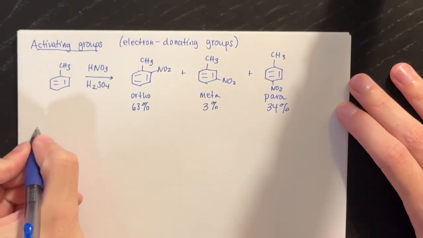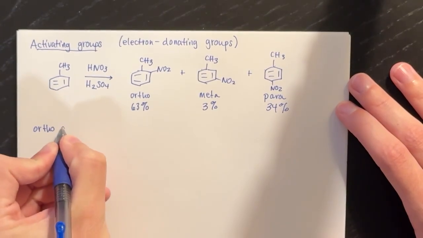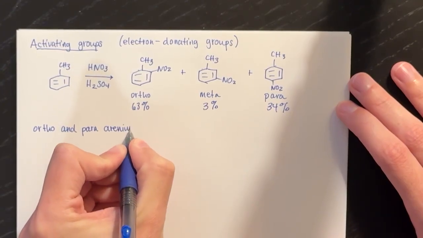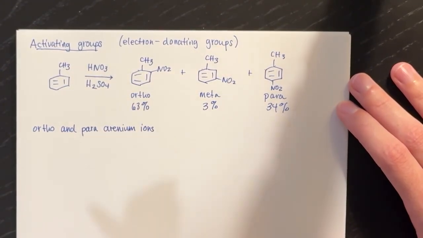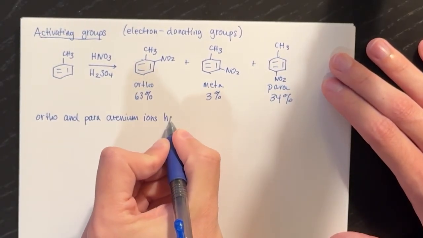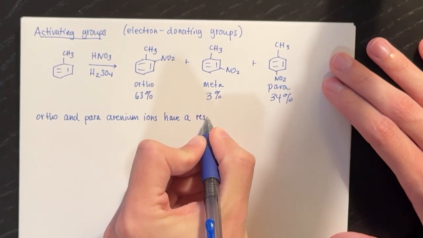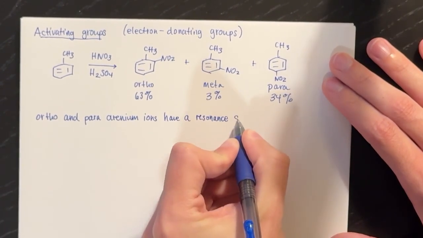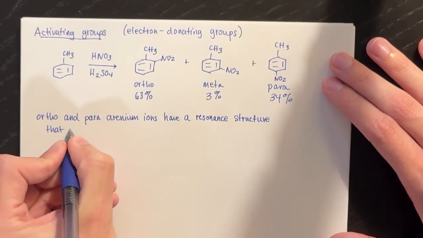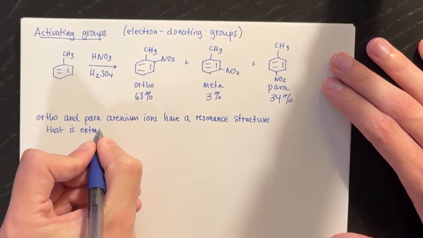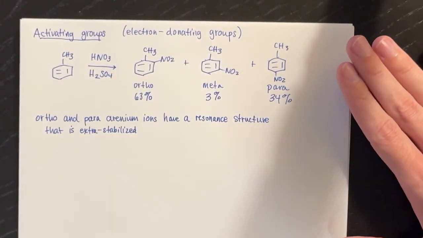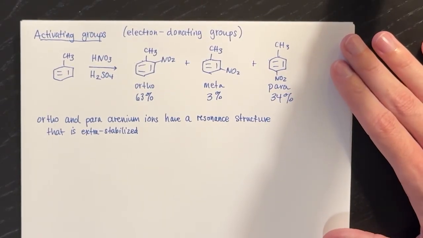The reason for that is that the ortho and para arenium ions, so that's the intermediate when the actual reaction is occurring, have a resonance structure that's extra stabilized, so a really low energy resonance structure.